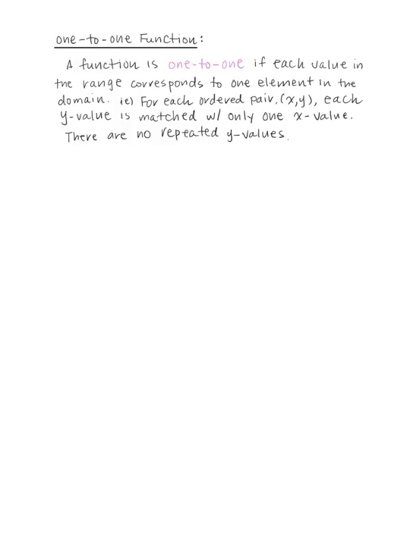Your textbook defines one-to-one function in this way. A function is one-to-one if each value in the range corresponds to one element in the domain, i.e. for each ordered pair x, y, each y value is matched with only one x value. There are no repeated y values. Don't worry, we're going to do some examples.